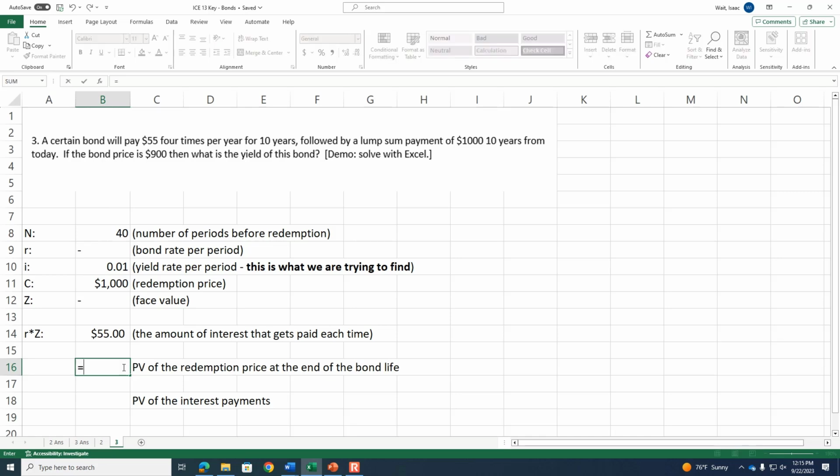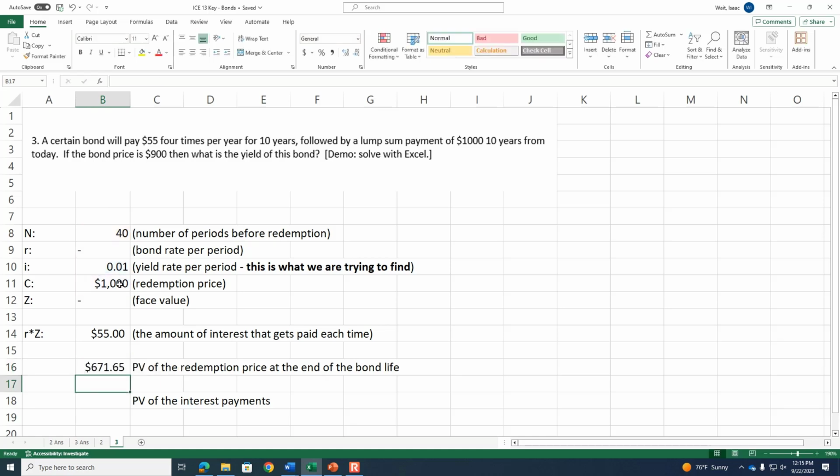Okay, so equals PV, the rate, at 1%, comma, for 40 periods, comma. Now, this redemption price at the end of the bond's life, should I put that in the payment field or in the future value field? Future value. It's a lump sum amount. So I'm going to do the double comma to skip over payment and minus the redemption price in as the variable for the future value.